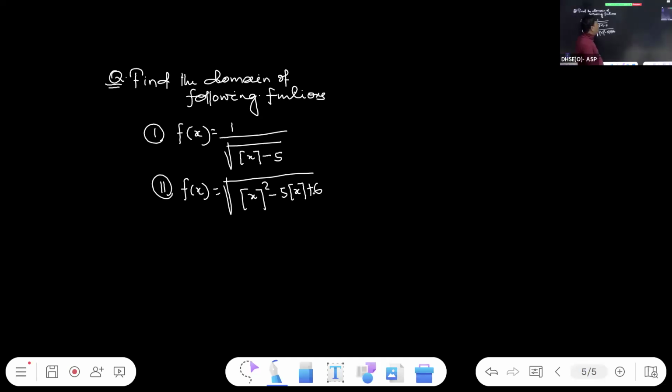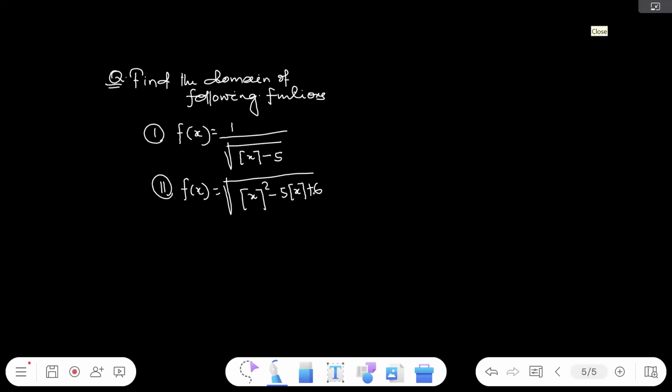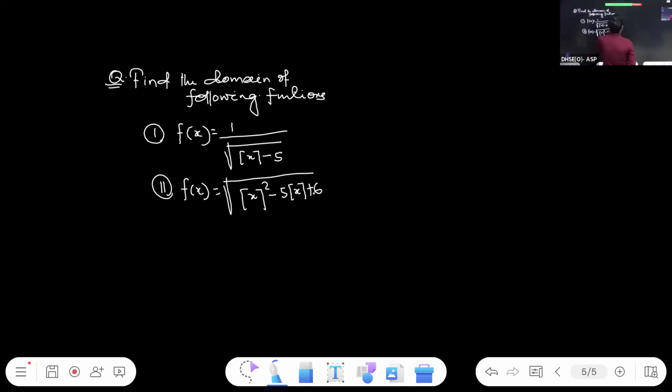The first question is find the domain of the function f of x is equal to 1 upon under root bracket x minus 5. The second one is f of x is equal to under root bracket x square minus 5 bracket x plus 6. So guys, try to solve these questions. Send me the answer through the chat box.